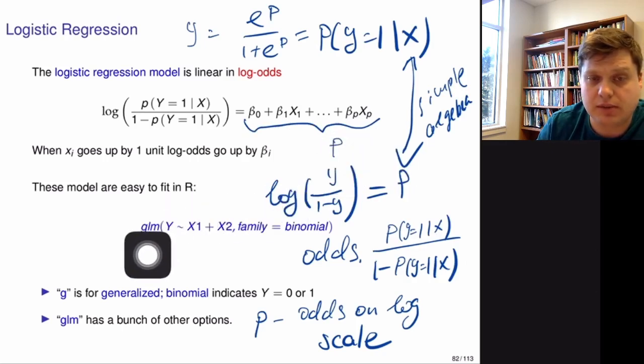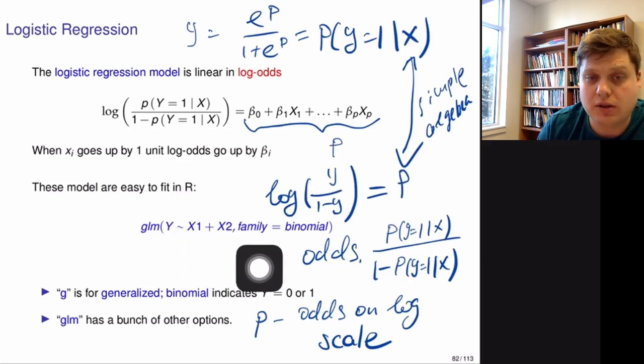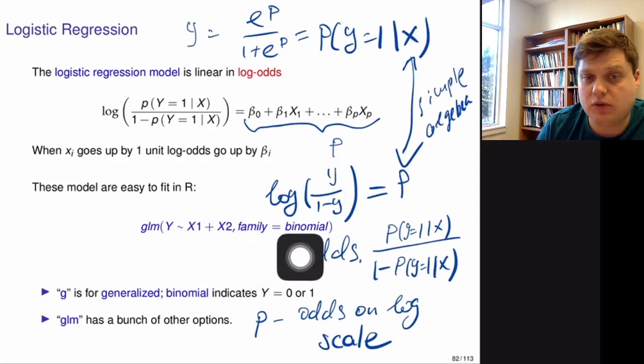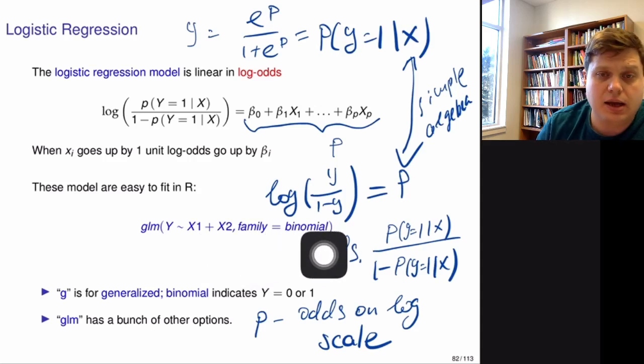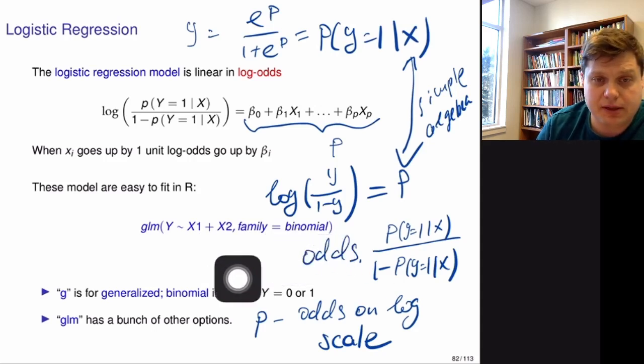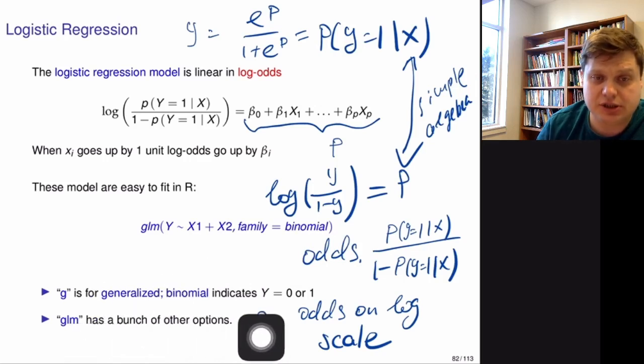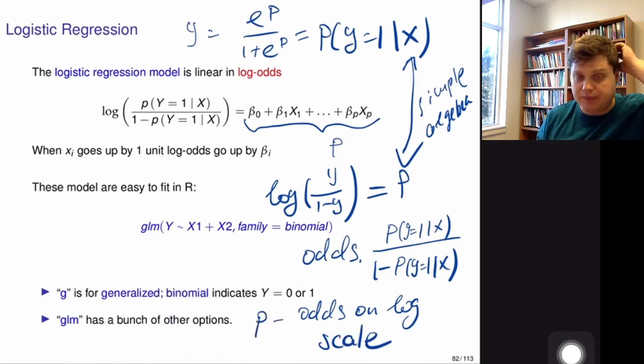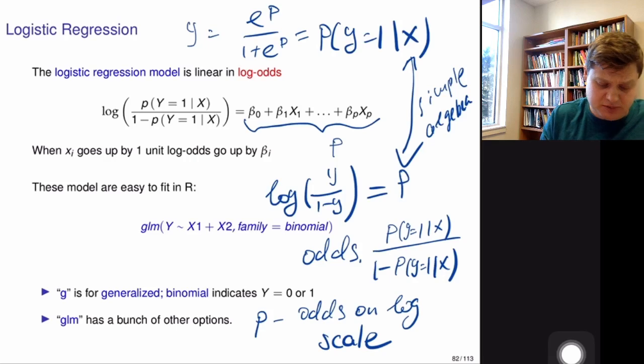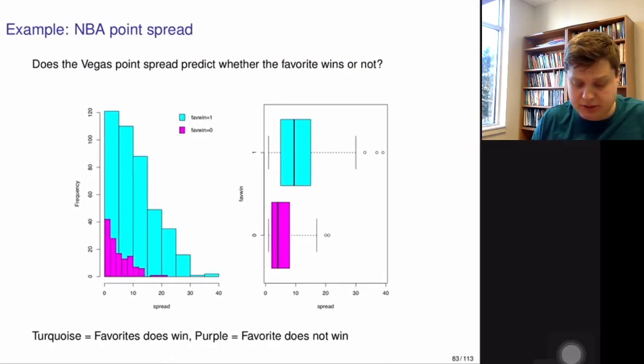The syntax inside the formula is the same, so we regress y on x1 and x2, but now we have to specify binomial, meaning that values of y can be only 0 or 1. GLM has many other options, but this is pretty much all you need.